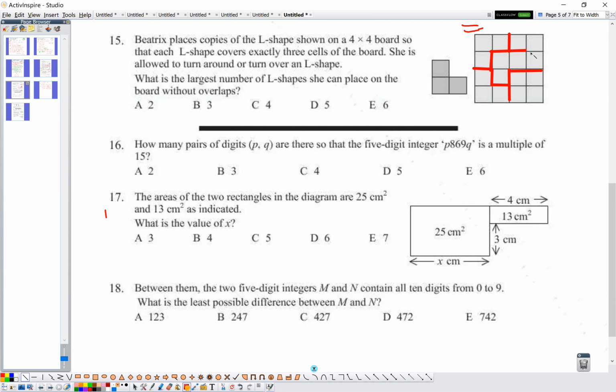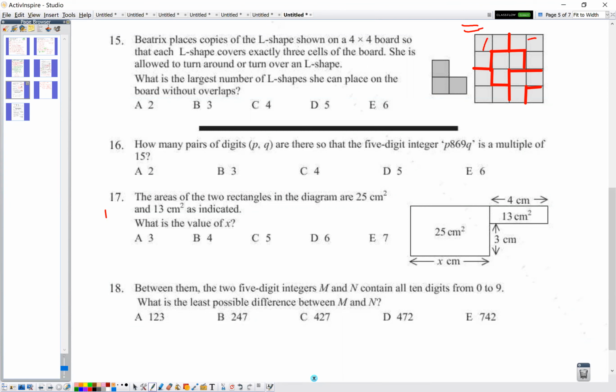We can write it like that, isn't it? So how many do we have? By doing this, we can count them. We have 1, 2, 3, 4, 5, isn't it? So the final answer is D.